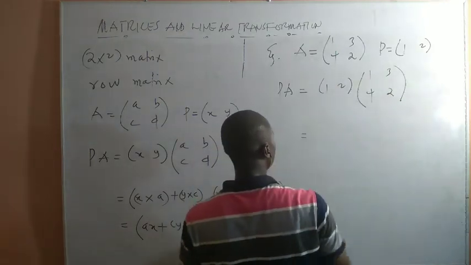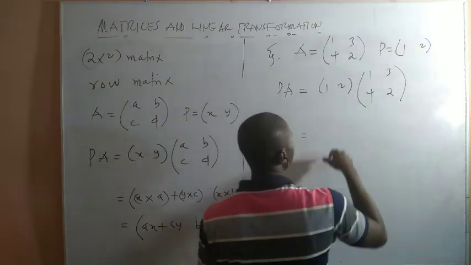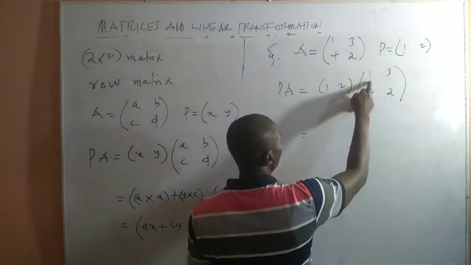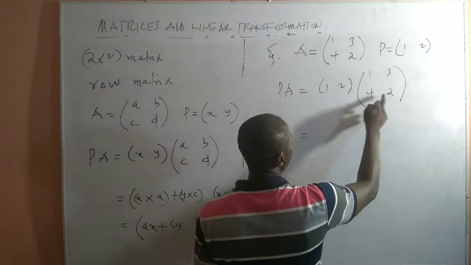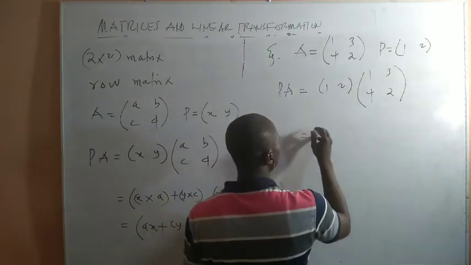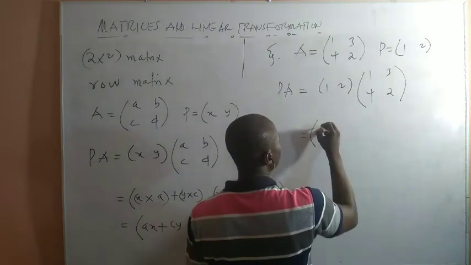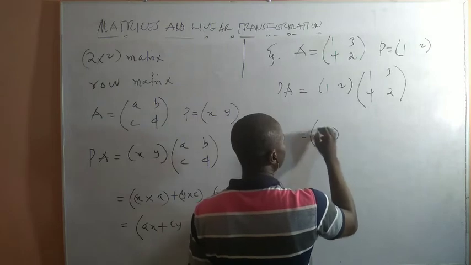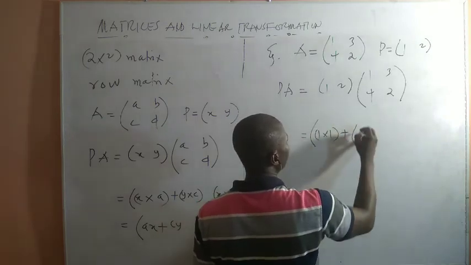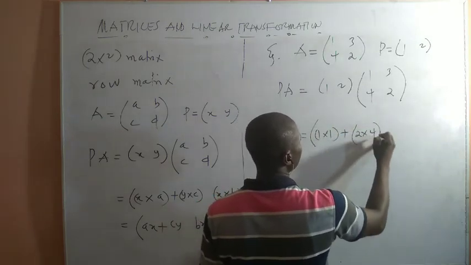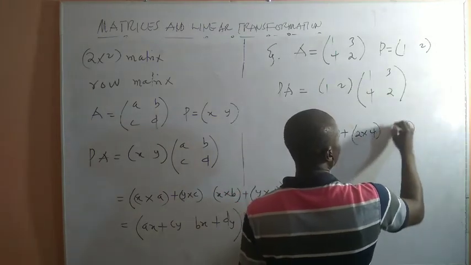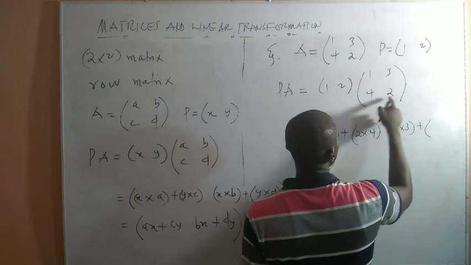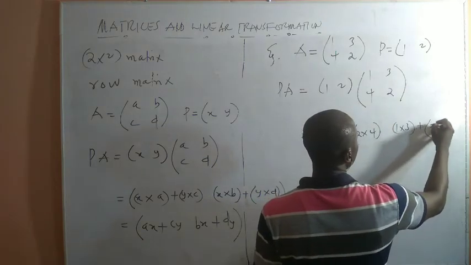So now this will be equal to, don't forget that we are multiplying, 1 by 1 plus 2 by 4, then 1 by 3 plus 2 by 2. So we are going to have 1 times 1 plus 2 times 4, then 1 times 3 plus 2 times 2.